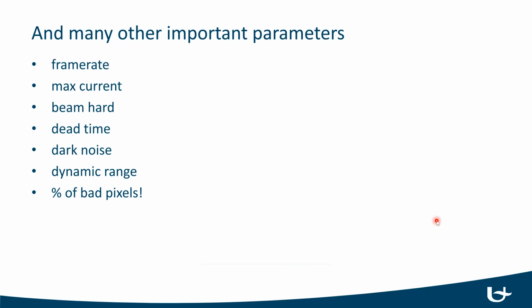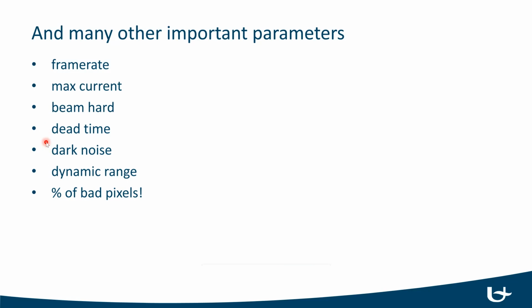Dead time is important, so there might be a time when you're reading out the frames that you are not recording electrons, and you could say, oh, okay, that's okay, I have plenty of electrons anyway, but you have to realize that while the camera is not reading out, you might still be damaging your sample, so it's a pity that all those electrons created damage and you're not using this information. So you have to ask yourself, what is this dead time?